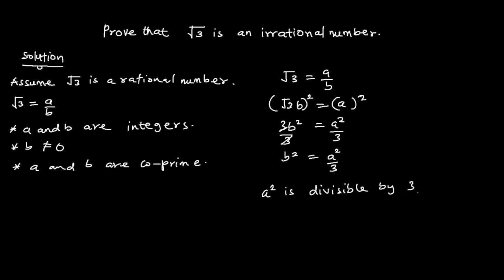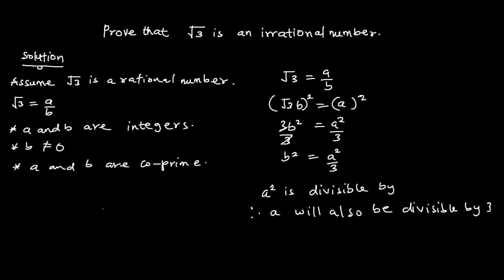And if a squared is divisible by 3, then a will also be divisible by 3. Let's look at why I'm saying this.